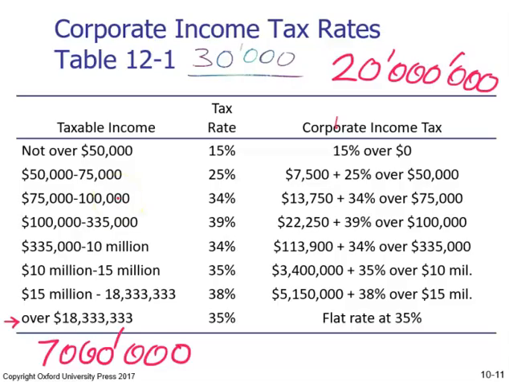You may say it is not fair, because now they are paying a 35% flat rate, and so they have missed paying 15% on this range, 25% on this range, and so you may think they are at a loss in terms of paying the taxes according to this model.